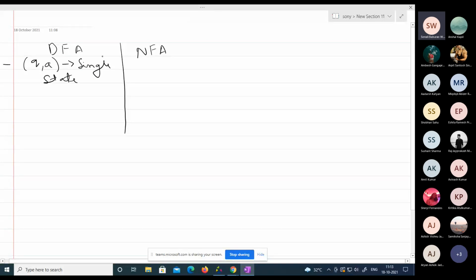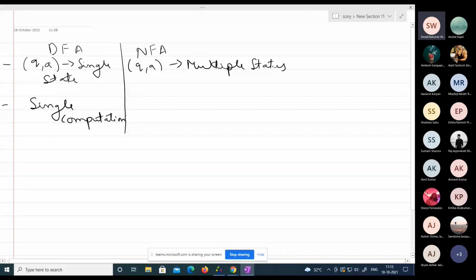Whereas in NFA, multiple states can be accepted. So in DFA you have a single computation, but in NFA you can have multiple computations. That's the major difference between DFA and NFA.